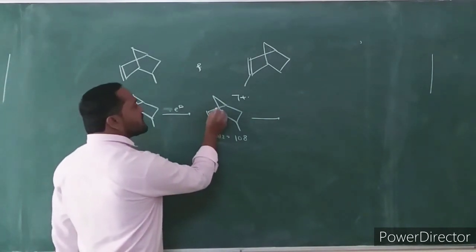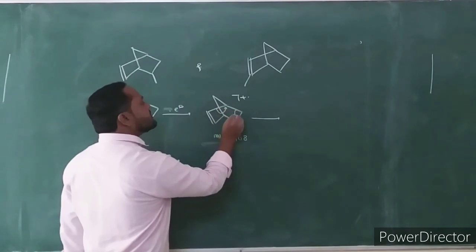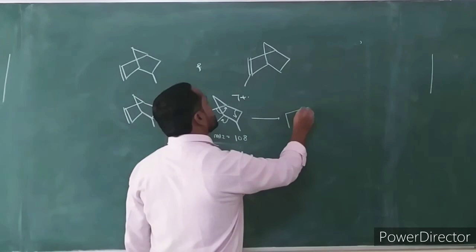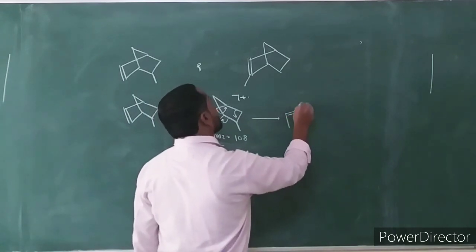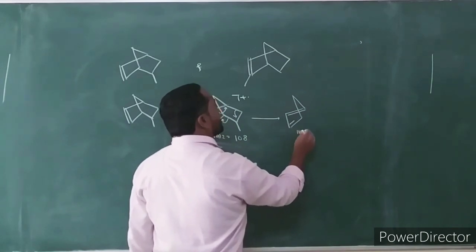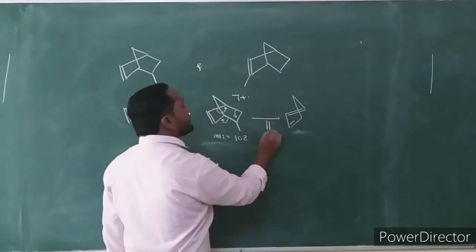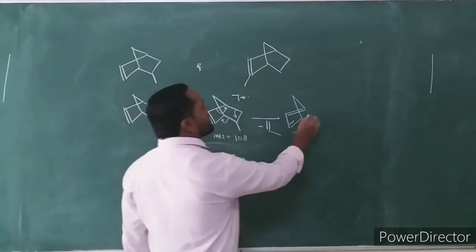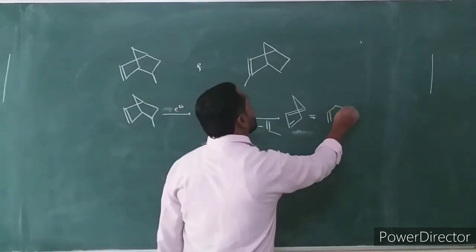Then it undergoes retro-Diels-Alder fragmentation. There is a formation of this diene with loss of this alkene molecule, propene eliminated as a neutral molecule, and this is simply pentadiene.